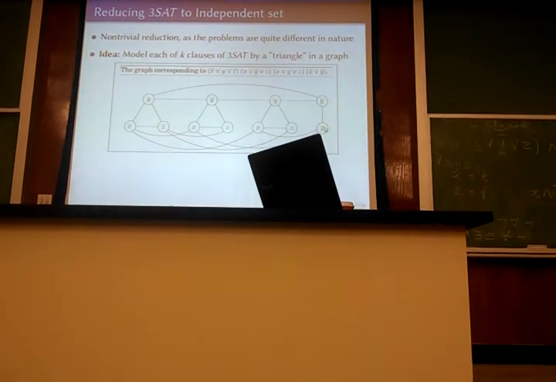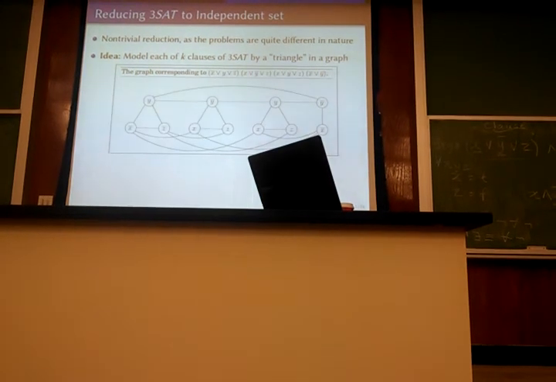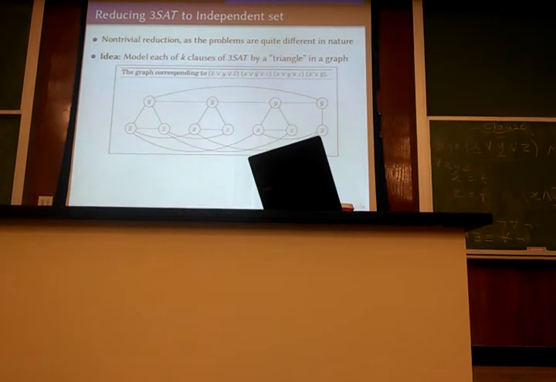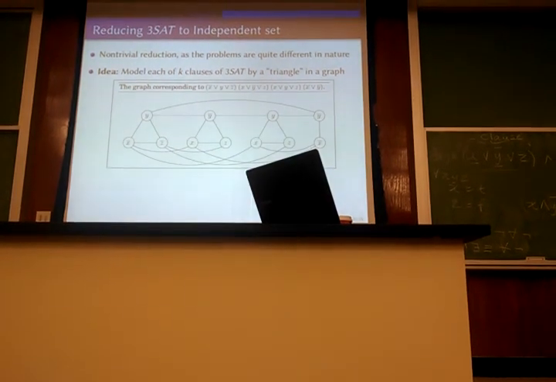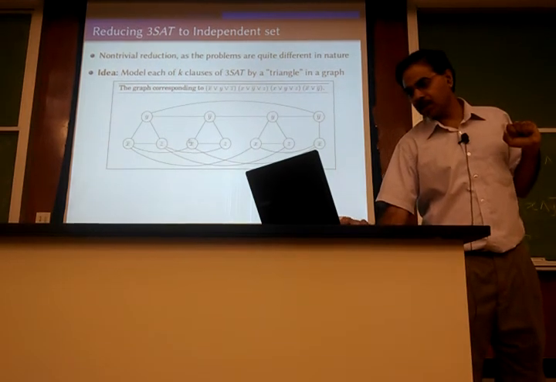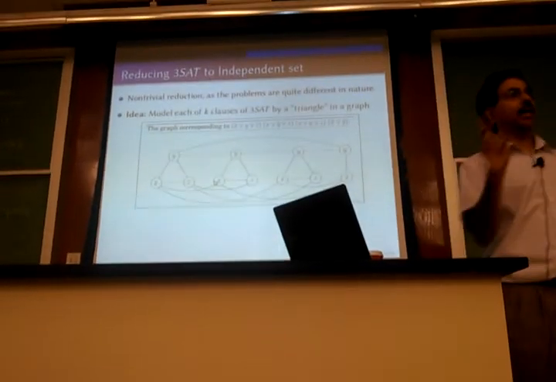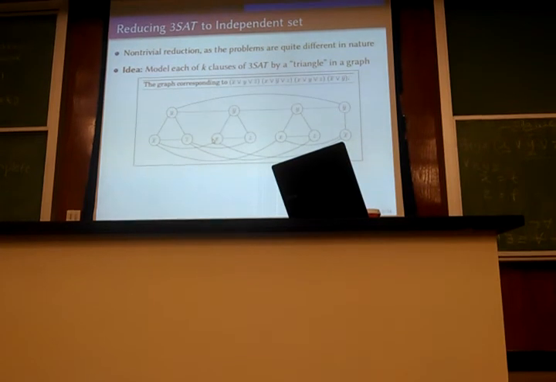So there could be many nodes in the graph for each variable. You need to make sure that the assignments are picked consistently. So for instance, if you pick x to be true here, then you should set x bar to be false. Again, that is ensured by connecting x and x bar with an edge.